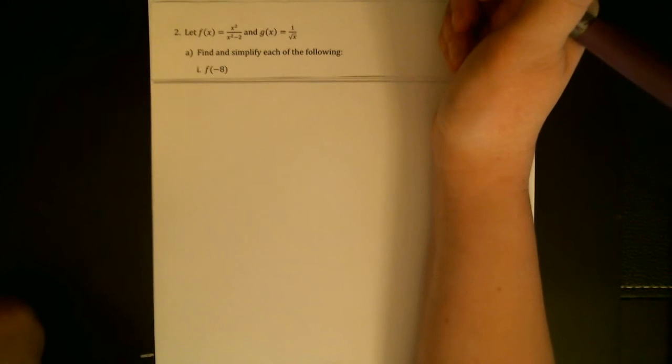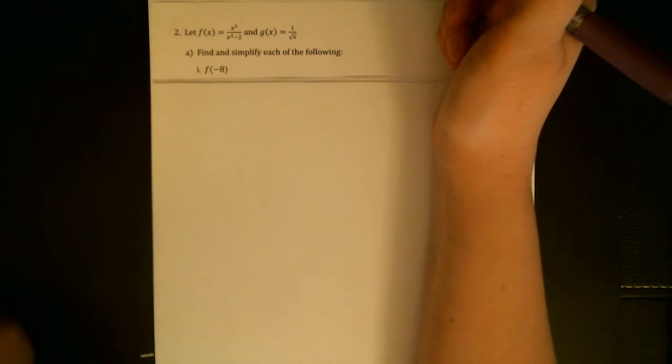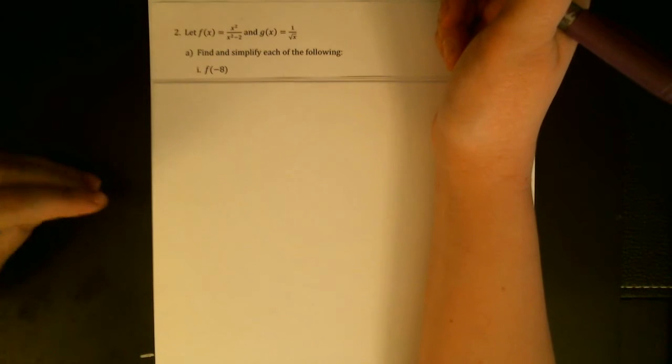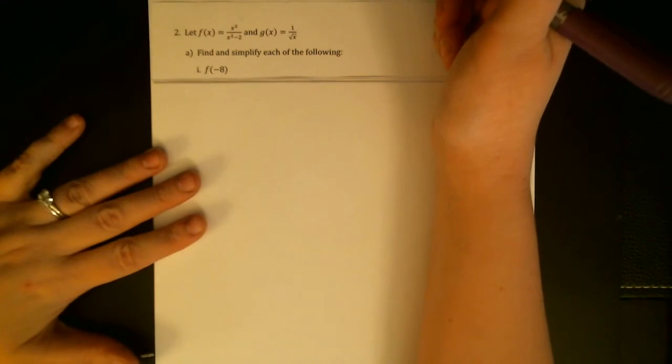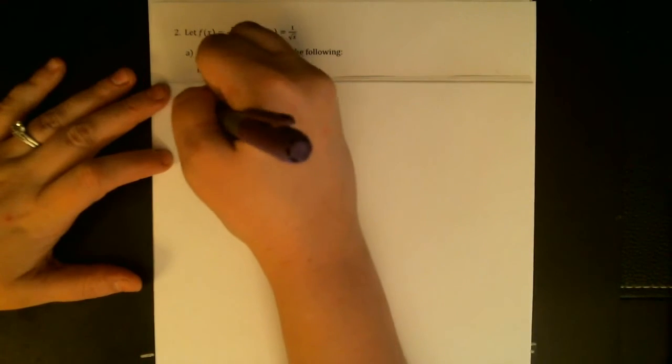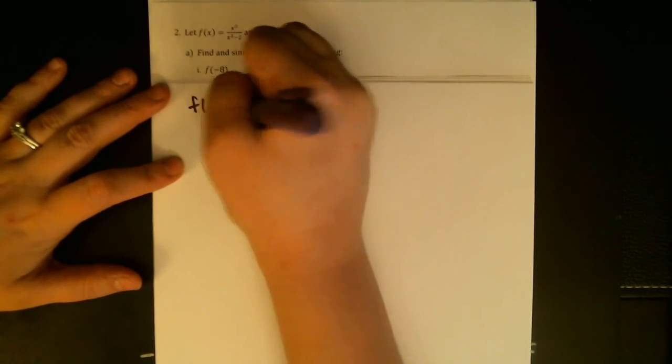Okay, so find and simplify each of the following. I have these all cramped on the paper, so I'm going to write on a separate piece of paper as I go here. If I want f of -8, the function f of x follows this rule right here.